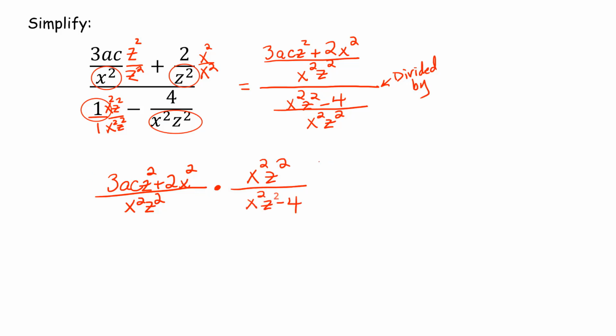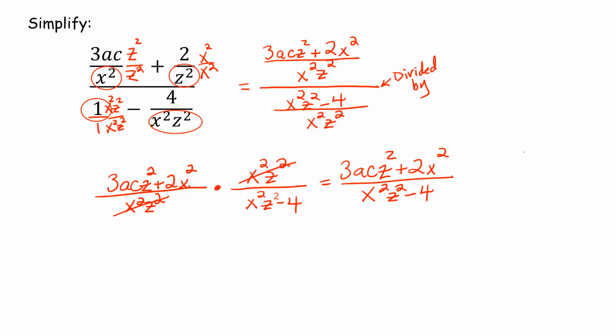Now I am multiplying these two fractions together, and so the x squared z squared cancels on the bottom, and it cancels on the top. So now all I have left on top is 3acz squared plus 2x squared. And on the bottom, I just have x squared z squared minus 4.